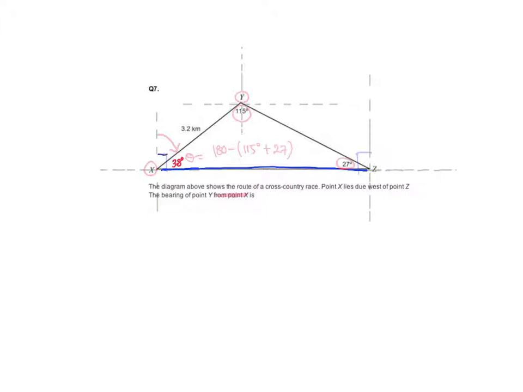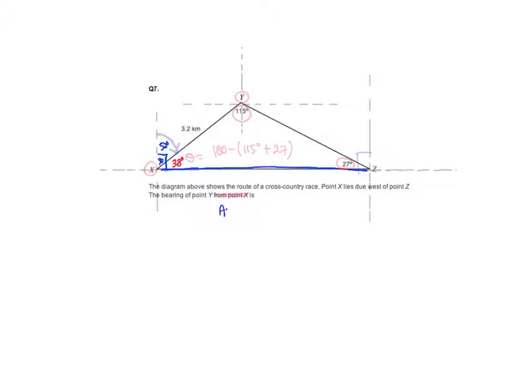I just told you that was a right angle triangle. So if that's 38, what does this become in here? Because that's 90. So 38 plus what will give 90? 52. Good. So isn't that the line that we want? If I'm going from X to the bearing of Y, how do I say that in true bearings?